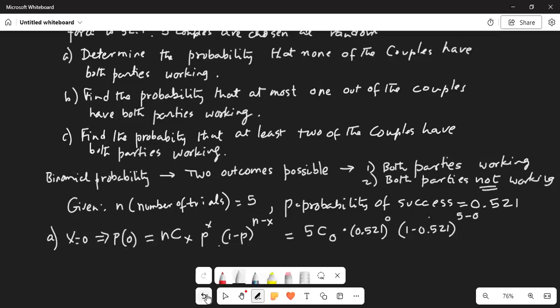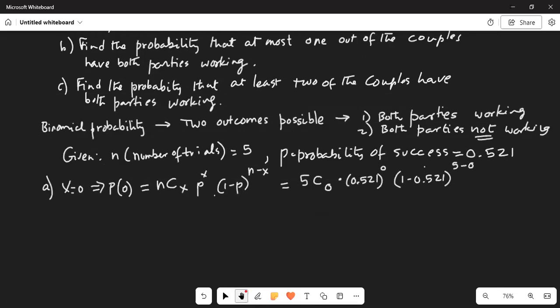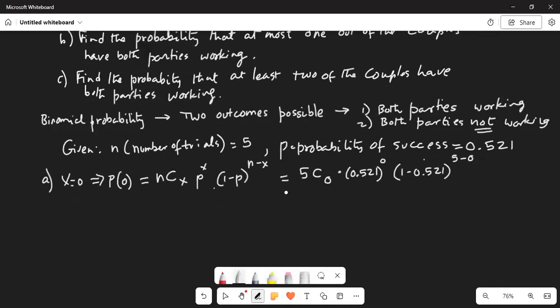So this is 5C0. Again, this is a combination, the number of ways in which you can select 0 couples out of 5 without regard to order, multiplied by anything raised to the power of 0 is 1, and then we have 1 minus 0.521. Remember, that's the probability of failure, which is 0.479, raised to the power of 5.